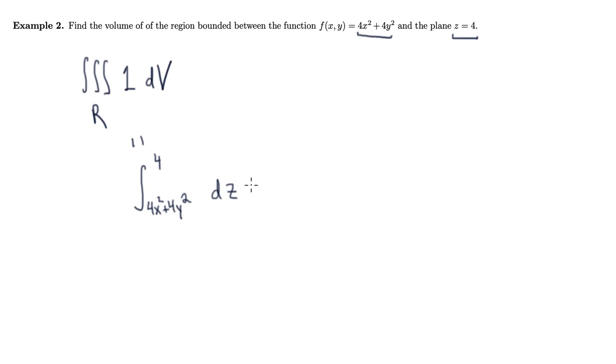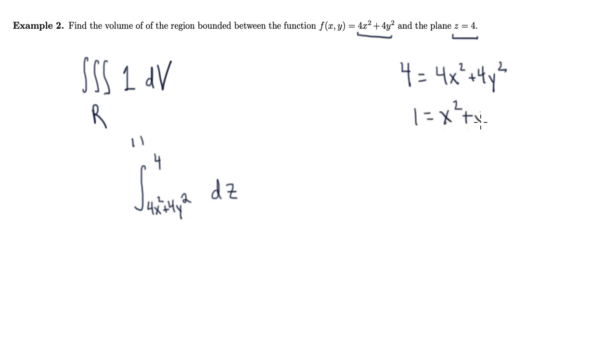Okay, so let's see what that region is in the xy plane. Well, the values of x and y that I can fix to allow z to vary between these two surfaces are going to be the xy points between their intersection. So if I set 4 equal to 4x squared plus 4y squared, then what I have is just the unit circle.